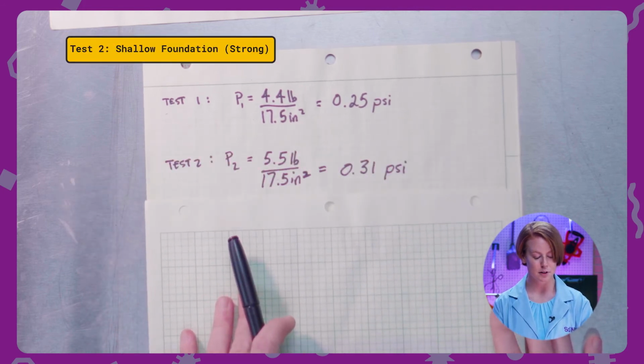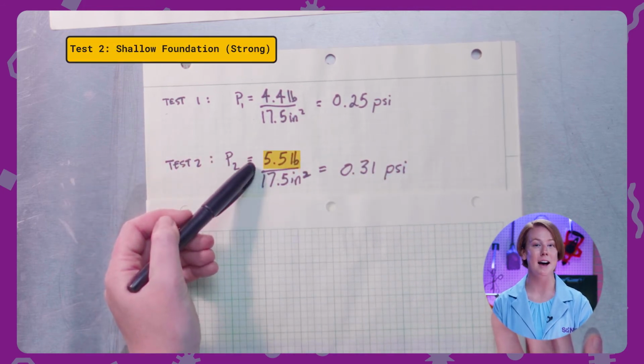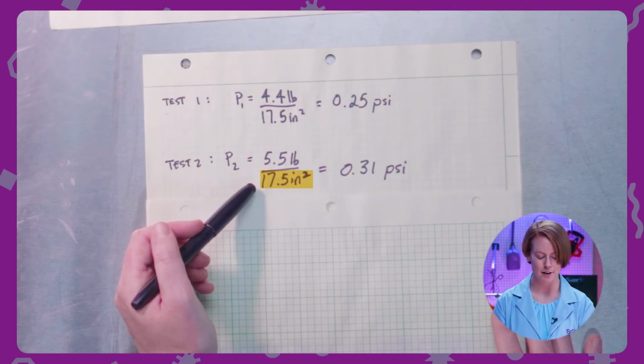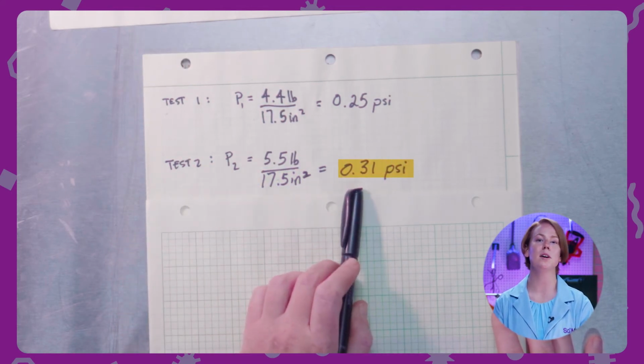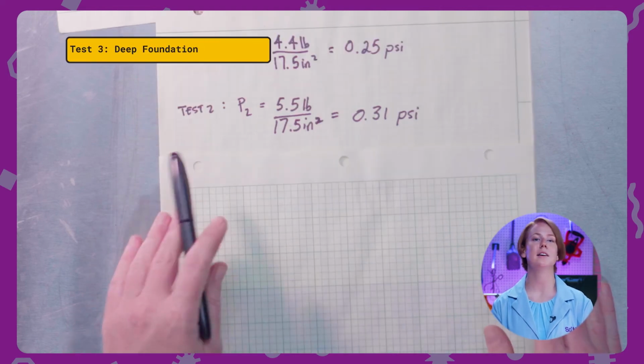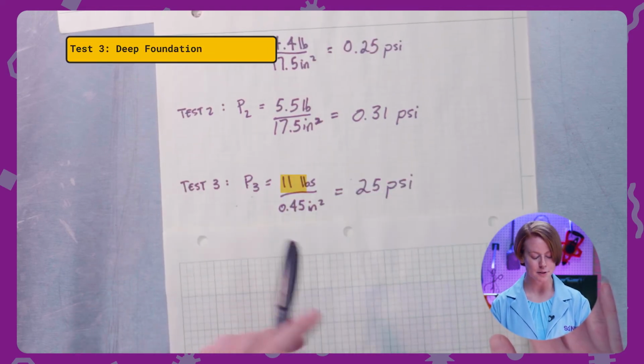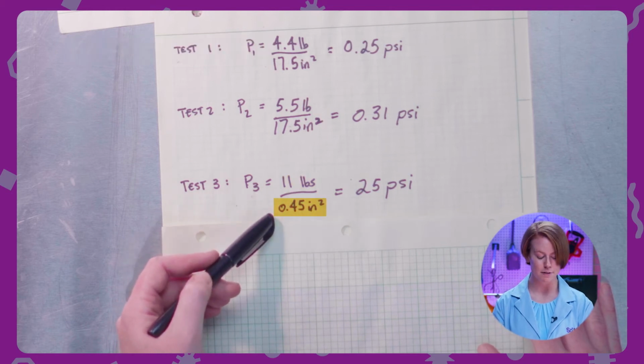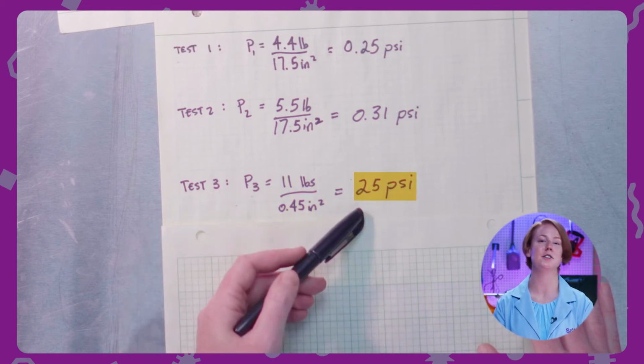Test 2 was able to withstand 5.5 pounds over the same area of 17.5 inches squared. That equals 0.31 PSI. Finally, for test 3, we were able to load 11 pounds of weight over the area of 0.45 inches squared, which yields a pressure of 25 pounds per square inch.